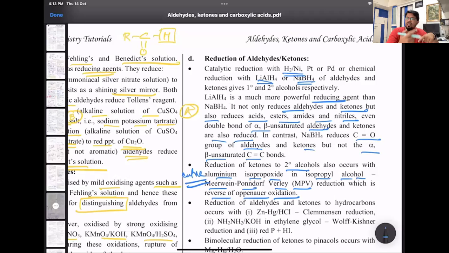This is exactly the opposite: ketones are reduced to secondary alcohol in presence of isopropyl alcohol, which is oxidized to acetone. There the catalyst was aluminium tert-butoxide. Here the catalyst is aluminium isopropoxide. That's the Meerwein-Ponndorf-Verley reduction.